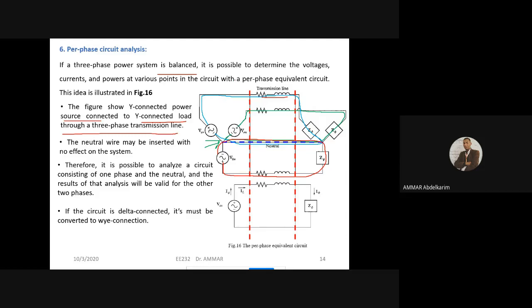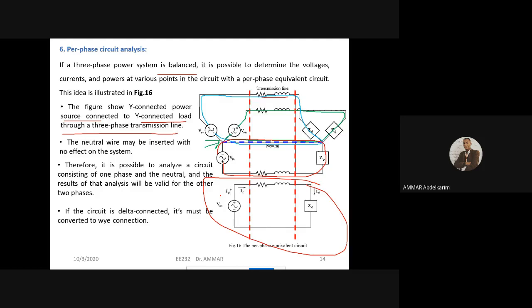So we can take one of these, either the blue or the green or the red, as a single-phase circuit, and we can analyze our system as a single phase using what? Using the rules of single-phase circuits. And I think you are good on this analysis.